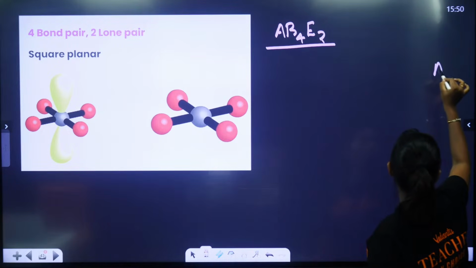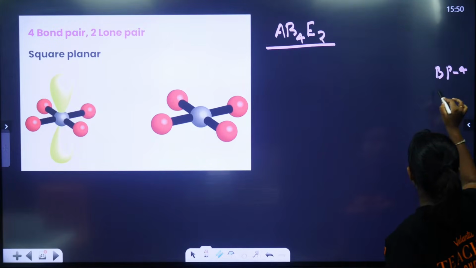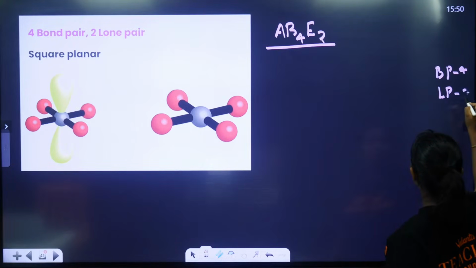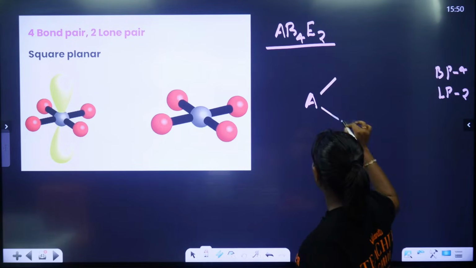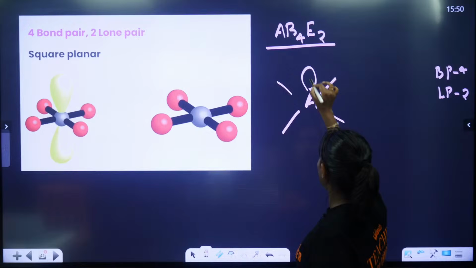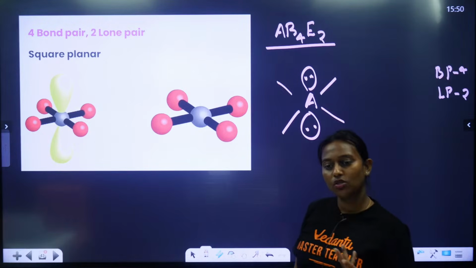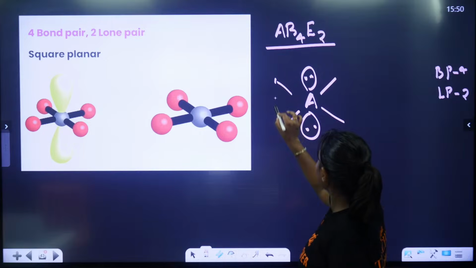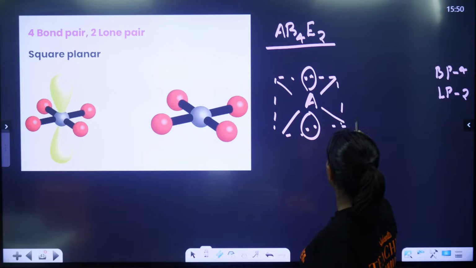Bond pair is 4. Lone pair is 2. So A with 4 bond pairs and 2 lone pairs. It's square in one plane, so it's square planar.